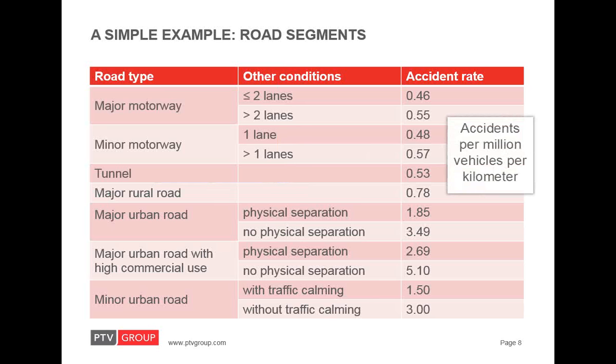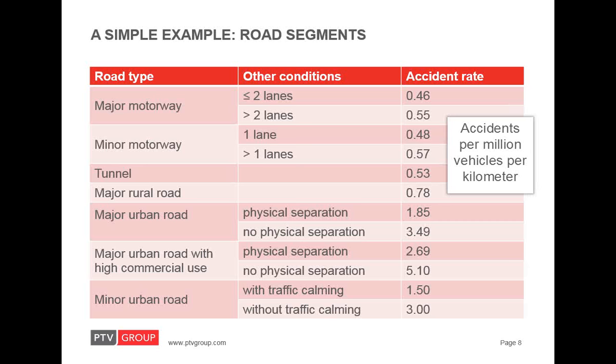And you have these different road types: minor motorway, tunnel, rural road, and urban situations. You have also an idea here in this model of the land use around the road. So if you have high commercial use, you would expect lots of pedestrians crossing the road. That's why in this model there will be higher accident rates.